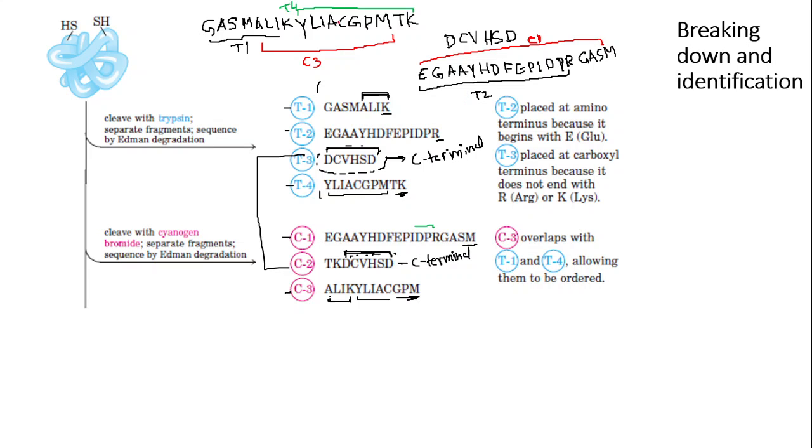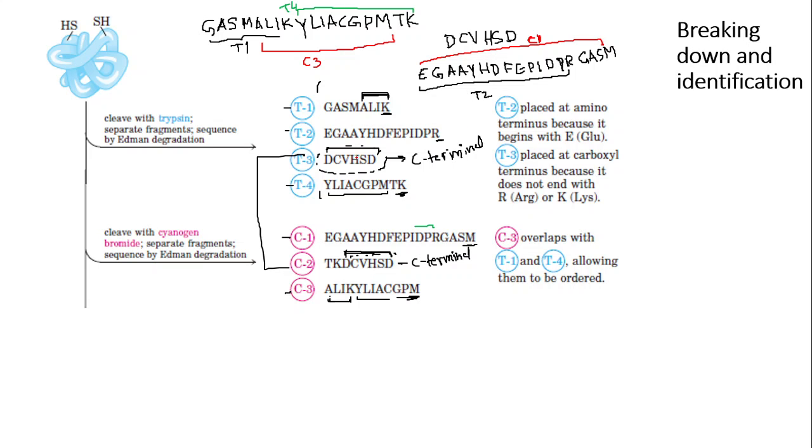Now what we have to do is find out if there is any common sequence between them, or find out the rest of the fragments. Try to see if we can find any common sequence.